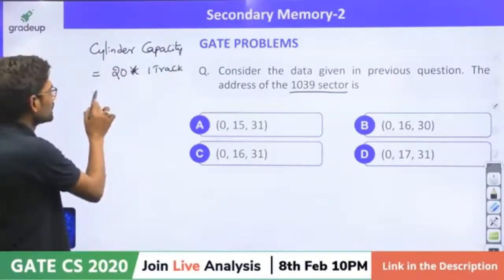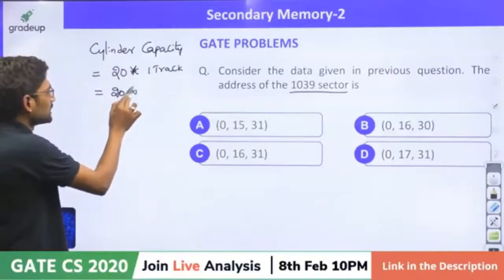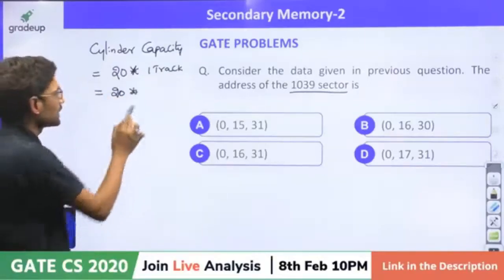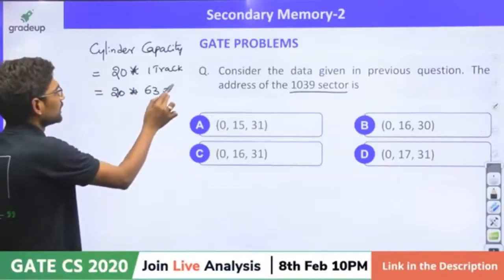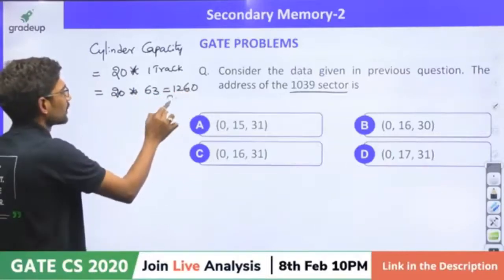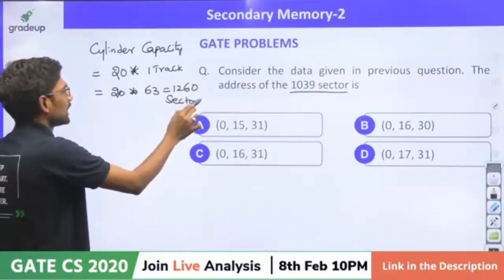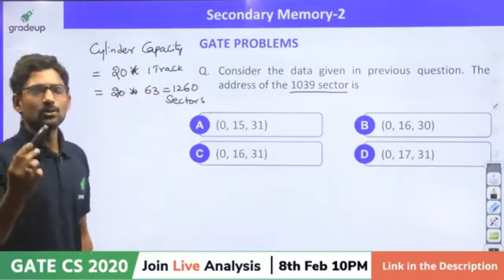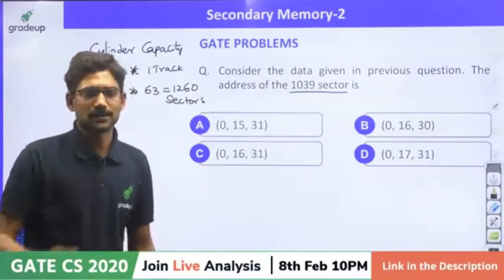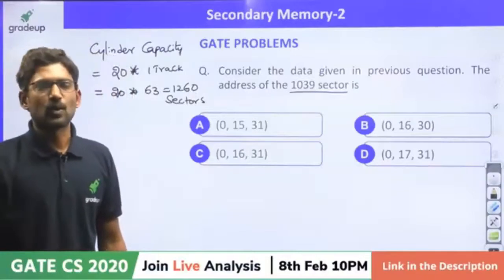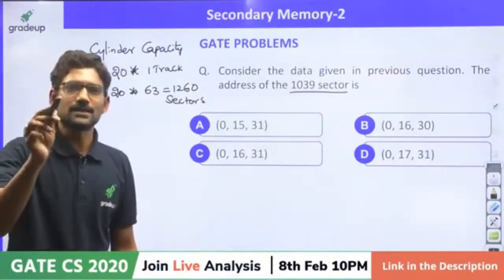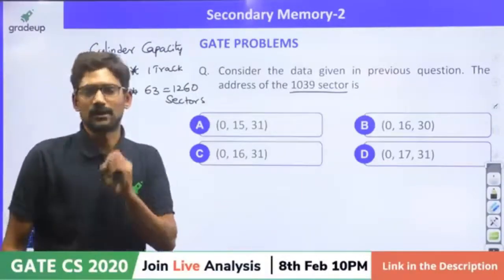So this is equal to 20 multiplied by one track, which is 63 sectors. That means one cylinder will have 1260 sectors, isn't it?